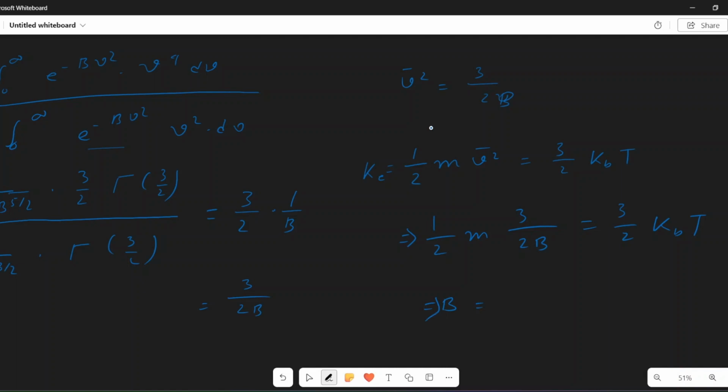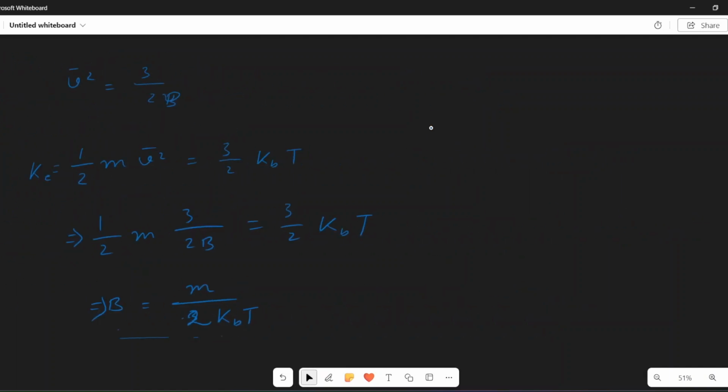Therefore b can be written as m by 2 kbT. That is the expression of b. Finally we get the value of this constant b. Now one more thing, we can find the value of a. We found that a is pi by b to the power 3 by 2, which can be written as m by 2 pi kbT to the power 3 by 2.